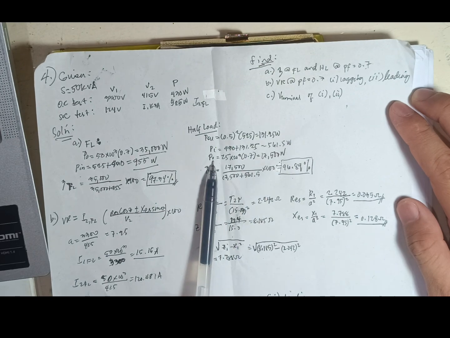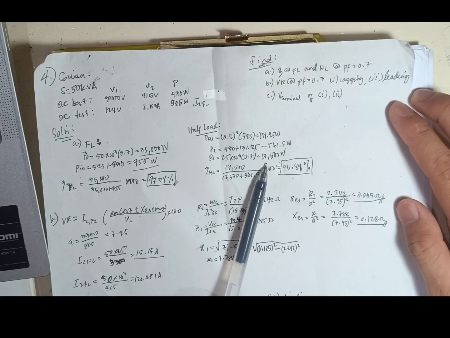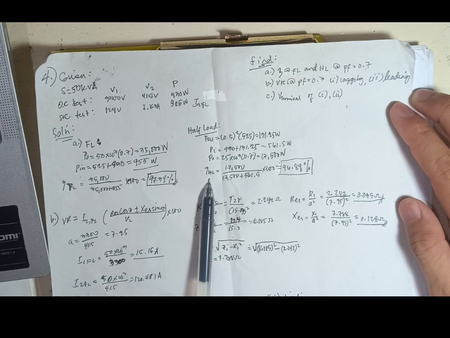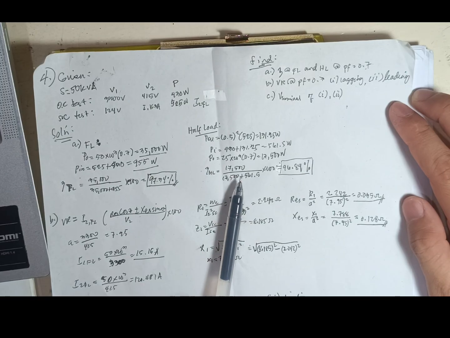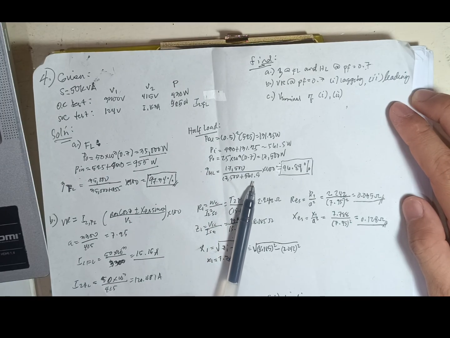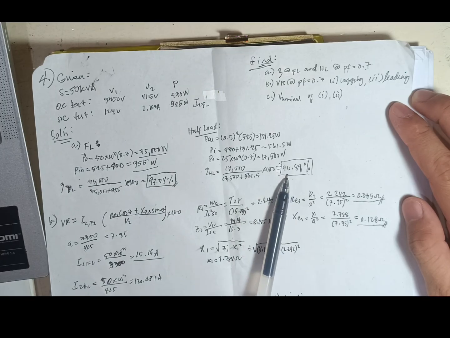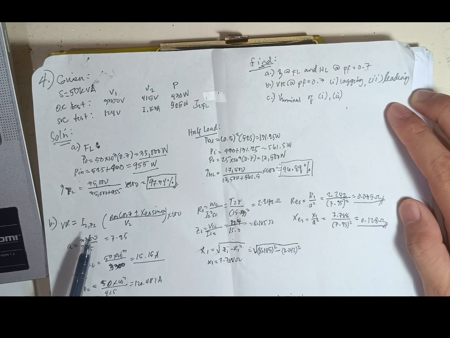Then P out is 25 kilowatts times 0.7, which is 17,500. Then calculating the efficiency at half load: 17,500 over 17,500 plus 561.25, times 100.